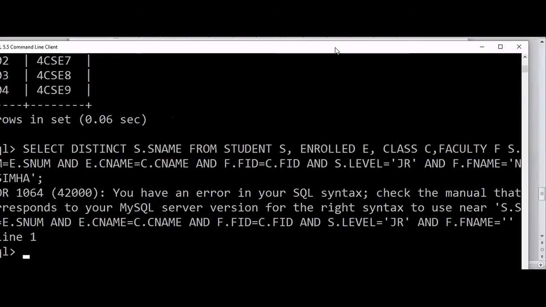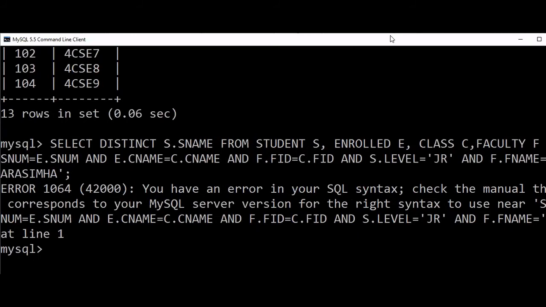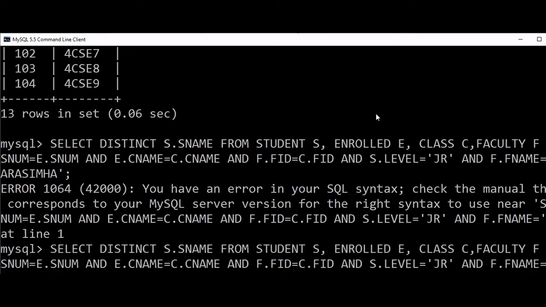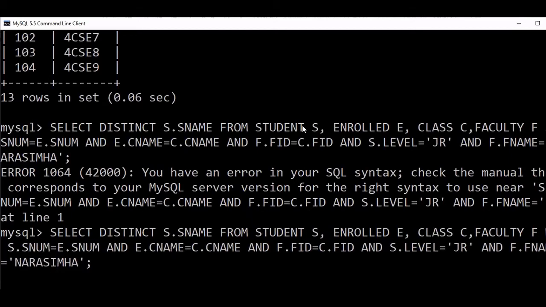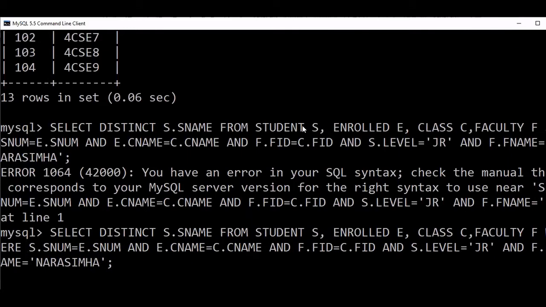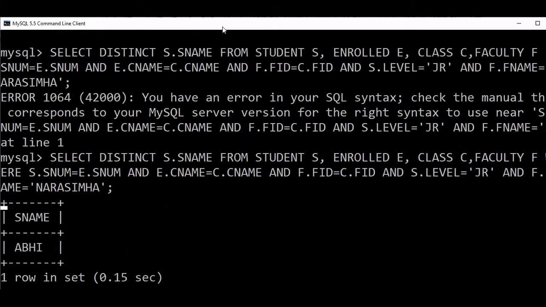Here is a mistake: the where condition is missing. So be careful while writing. I missed the where clause and wrote faculty f directly. So you should write WHERE, s.sname, because of the equivalent we need to mention that. Now I'm entering. You can see here what we are getting.